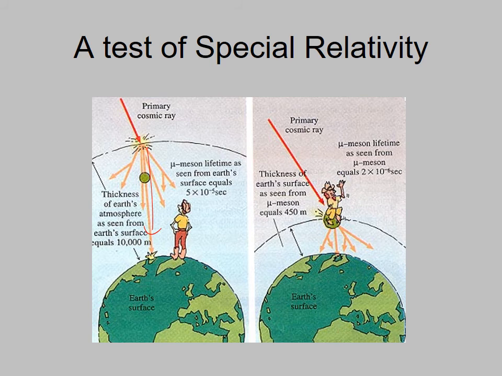The problem is that the particles don't live long enough to make it to the ground, and the distance is too great. But one of the things we discover is because of the contraction of space, they actually make it to the ground after all. And I know they do because this was a project I did as a senior undergraduate physics major, measuring these cosmic mu mesons making it to the ground.